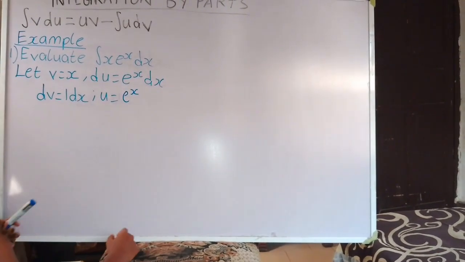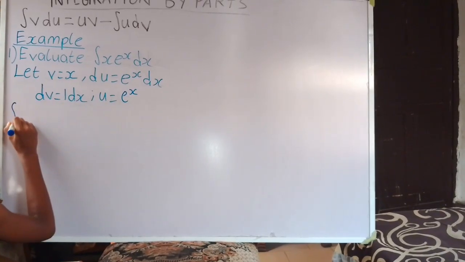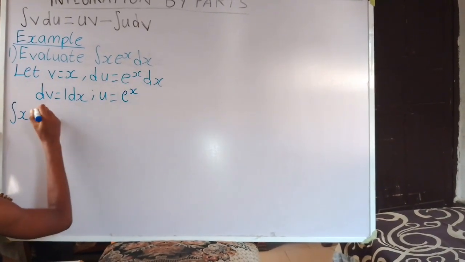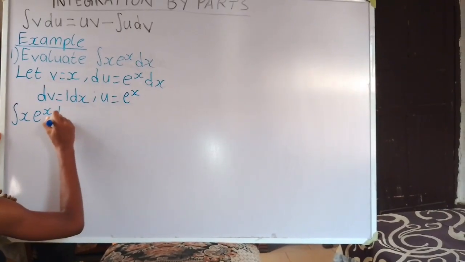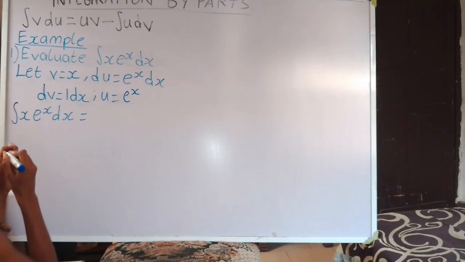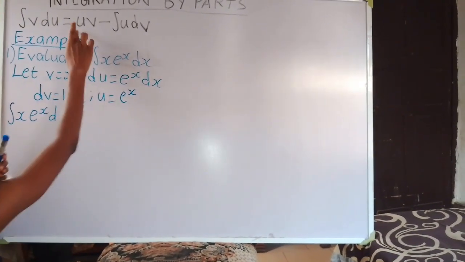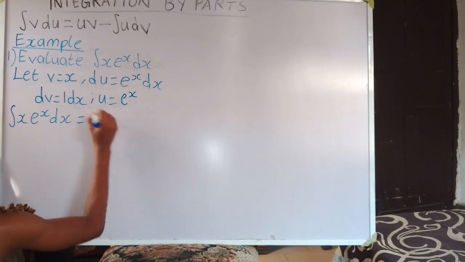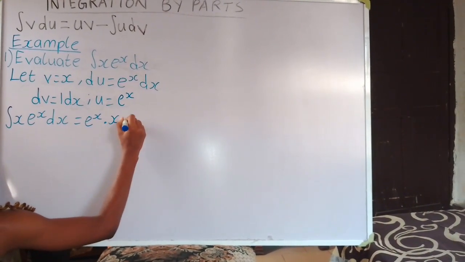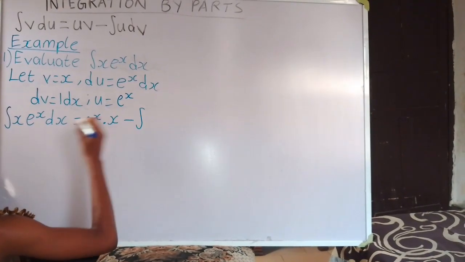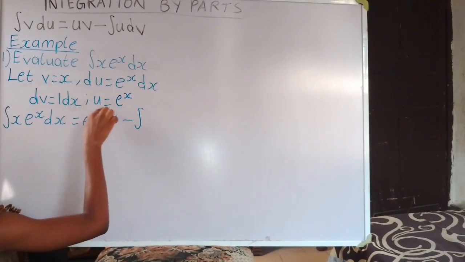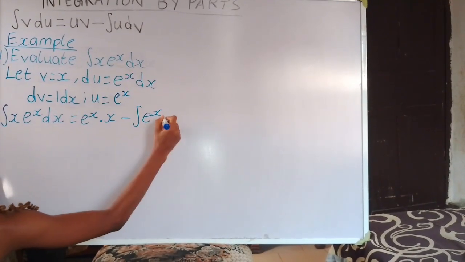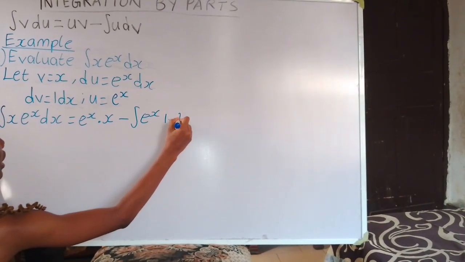So we have integral of v, that is x, du, that is exponential x dx, is equal to uv, this u, exponential x times v, x, minus integral of u is exponential x, dv is 1 dx.